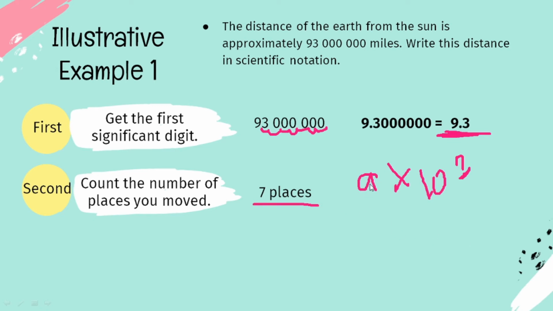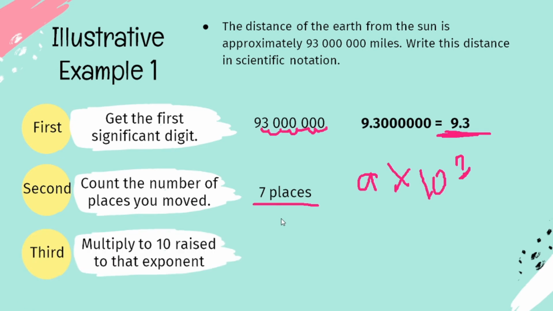We obtained this A na 9.3. The third step is we need to multiply by 10 raised to that exponent. So A is 9.3 times 10 raised to 7, kasi 7 times tayo nag-move.